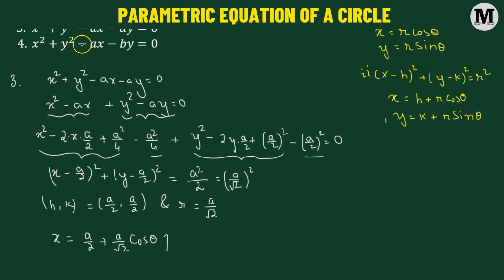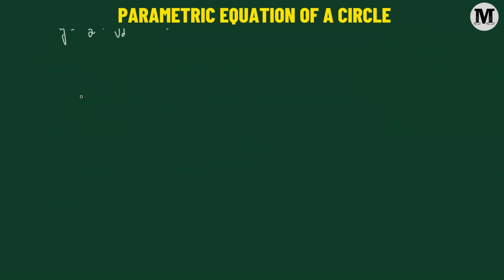We have x squared plus y squared minus ax minus by equals 0. Okay, fine. So same as before, we'll take x squared and combine it with negative ax.